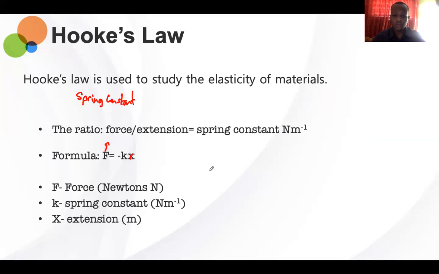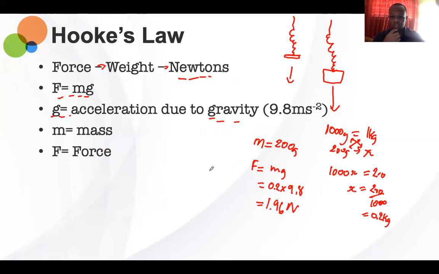Yes, sir. All right. So we can move on then to the working out. The weight that is pulled down, that pulls down a spring, is essentially the force that pulls it down.